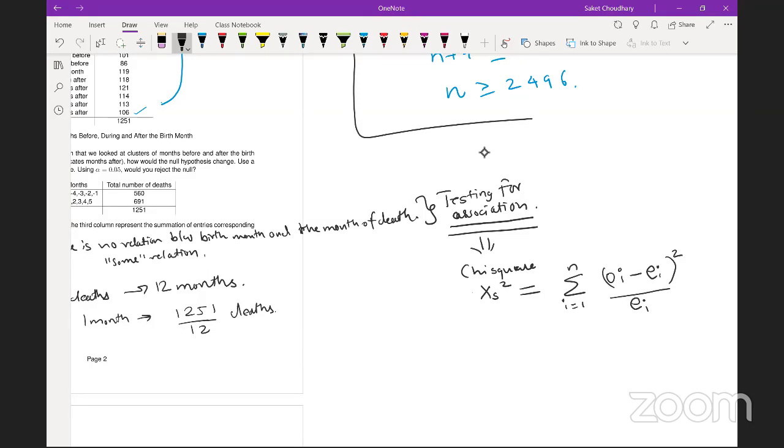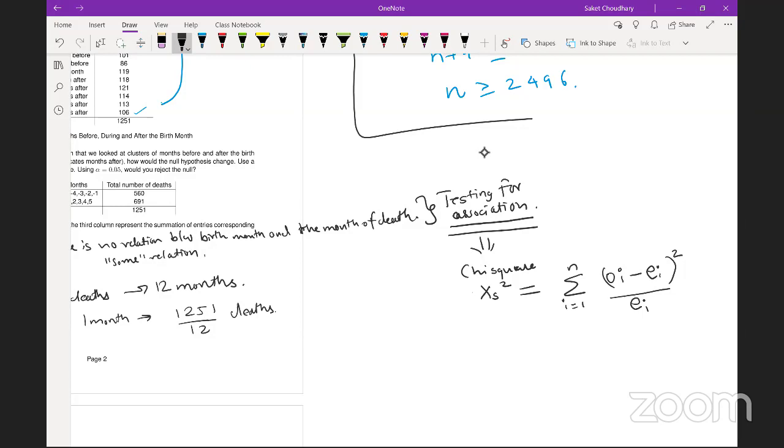Okay, so the higher this particular statistic is, that means the observed value is very different from the expected value. And the reason we are dividing by E_i is that we are essentially adjusting for the scale that E_i is set in.